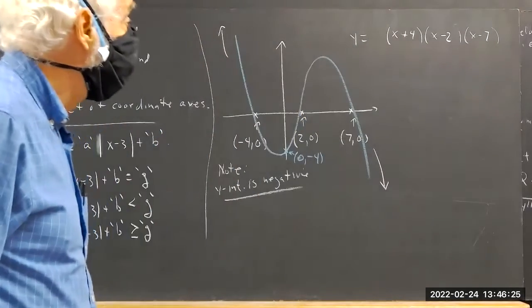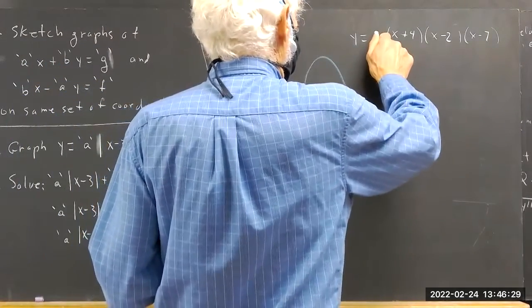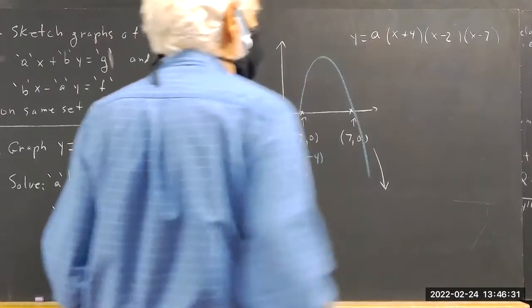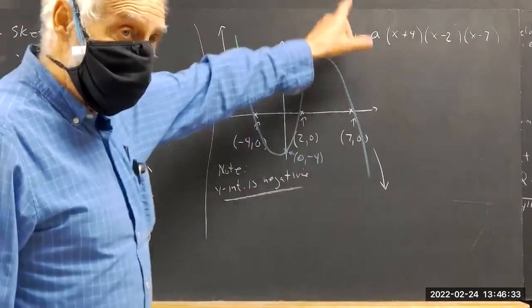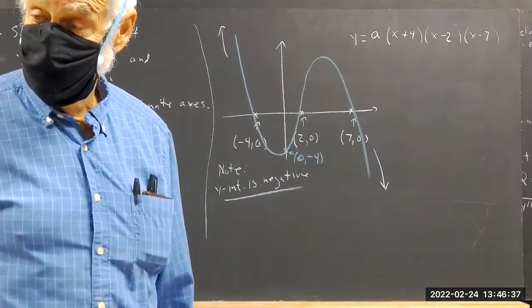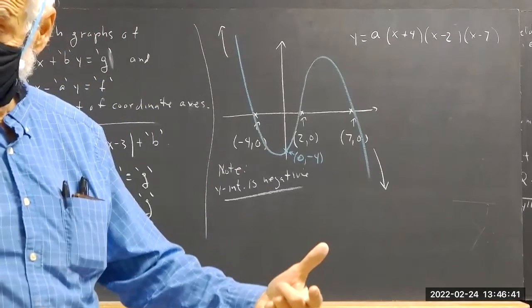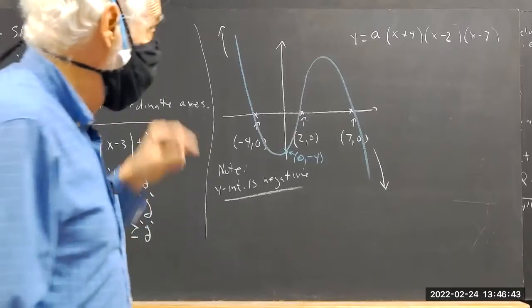Now, I'm going to put A out here. And A doesn't mean your personal A value. It means just an unknown.